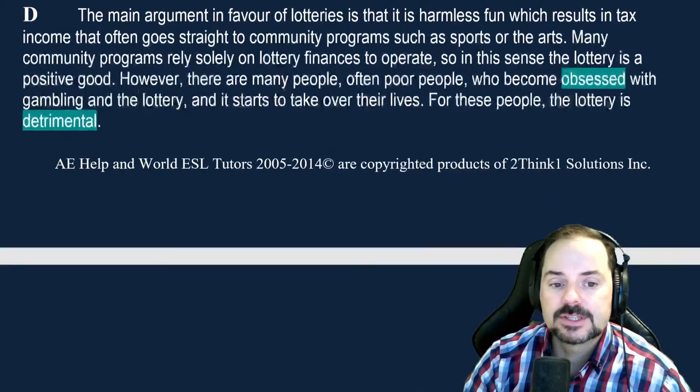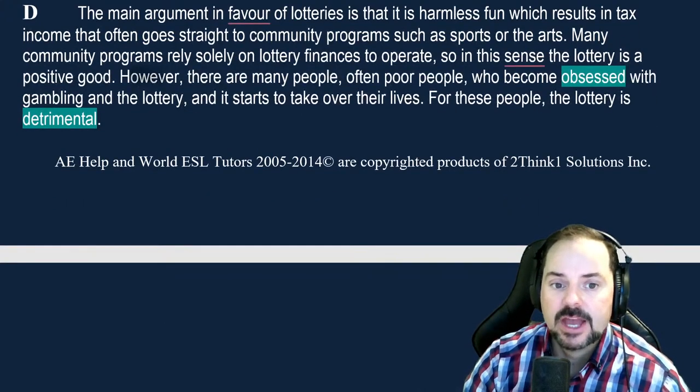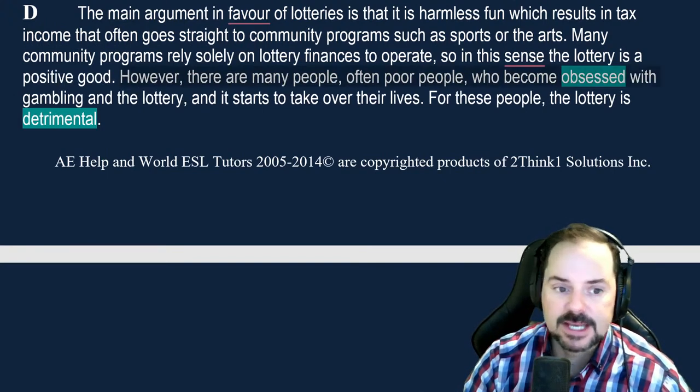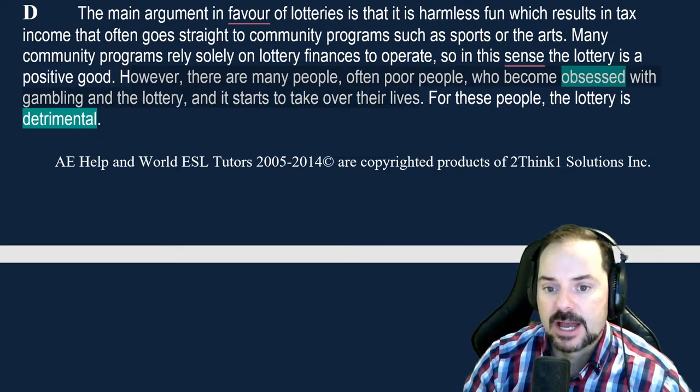So if you look at this sentence, Sanantha, however, there are many people, often poor people, who become obsessed with gambling and the lottery, and it starts to take over their lives. What do you think the word obsessed means?